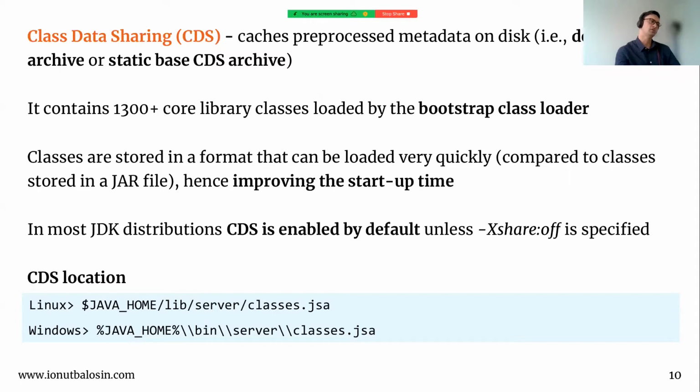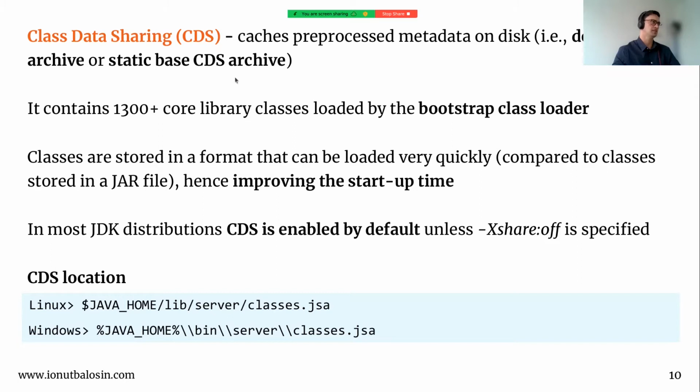I just snapshot it in an archive. So the next time I just map the archive. So implicitly, it's like I was loading all the classes and bytecode, but it's much faster. So basically, CDS in a nutshell is about caching pre-processed metadata on disk as it came.